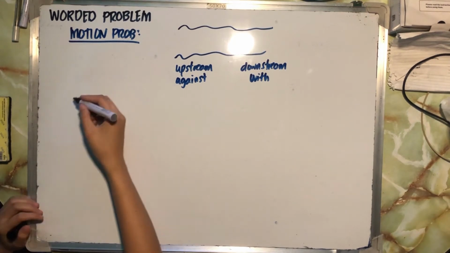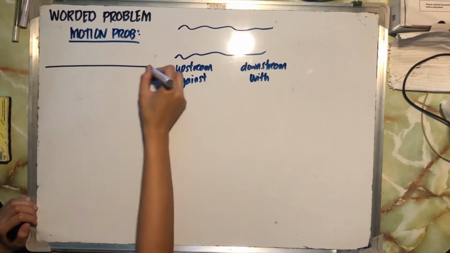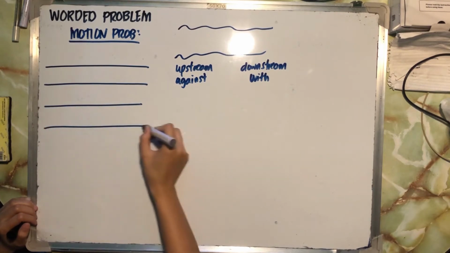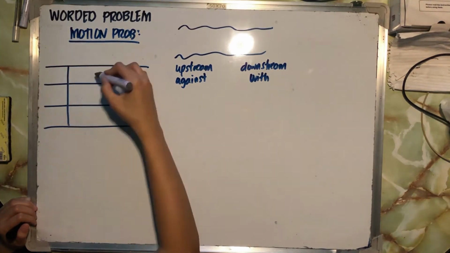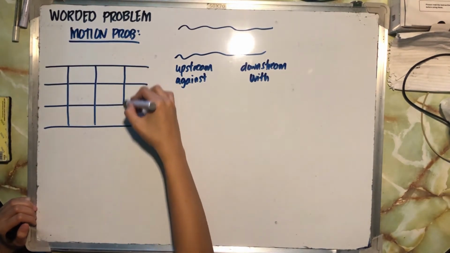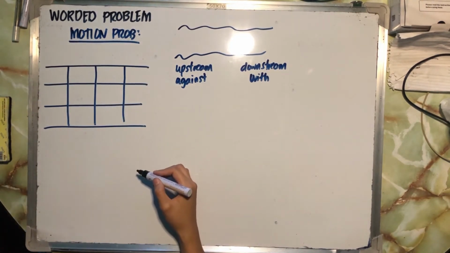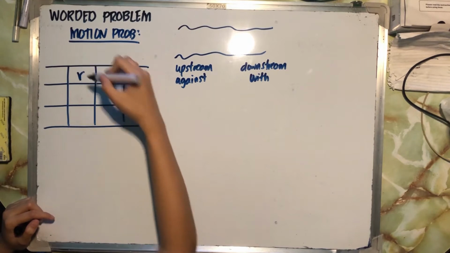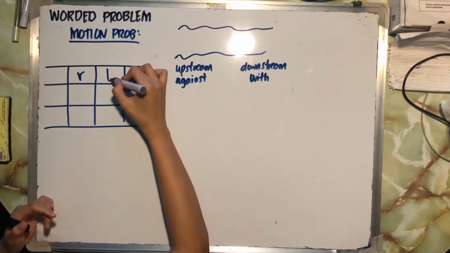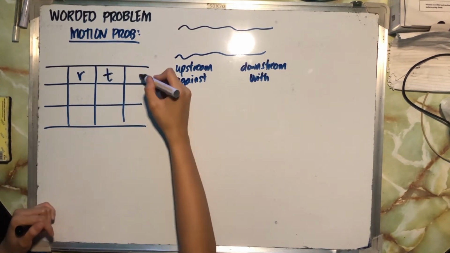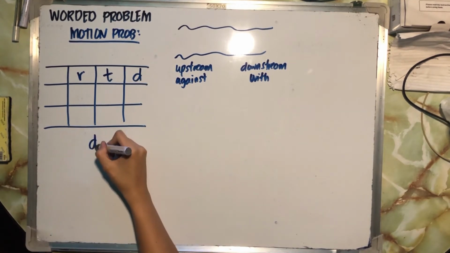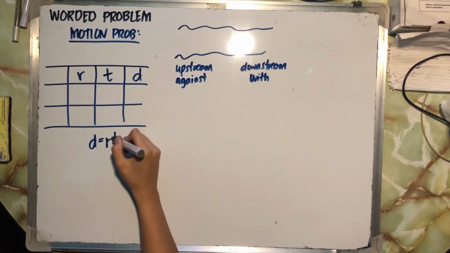Oh. Pag motion problem, maganda ulit nagtitable tayo. Okay, lagay natin dito. For motion problems kasi, may tatlo tayong variables na very important. Those are our rate or the speed, rate, time, t, and distance. Okay? Wherein, ang distance daw is rate times time.